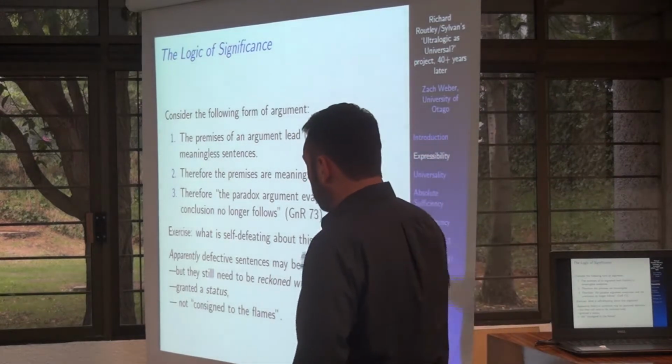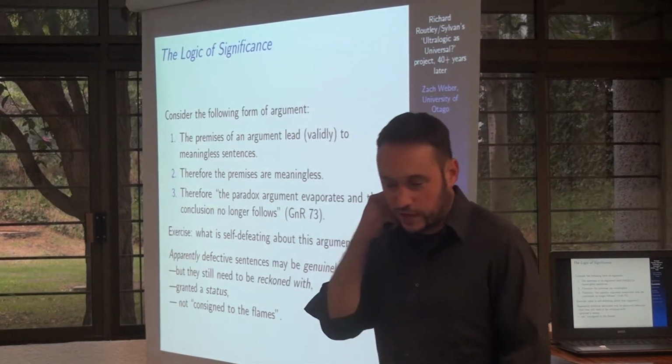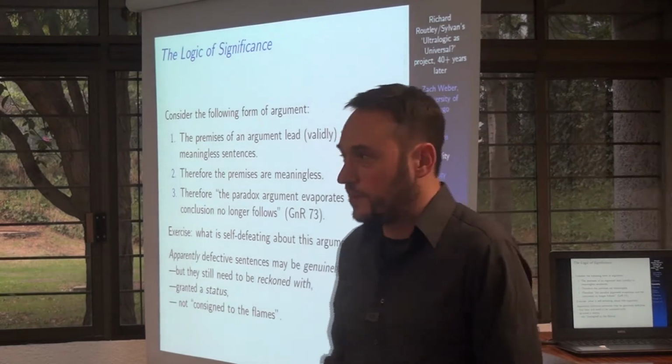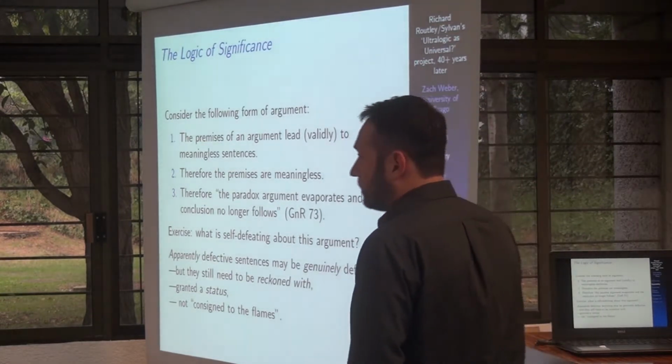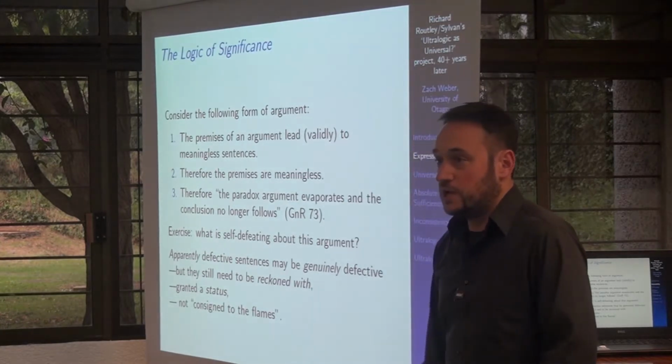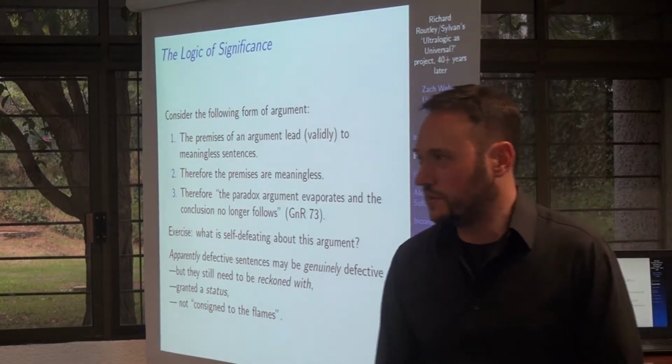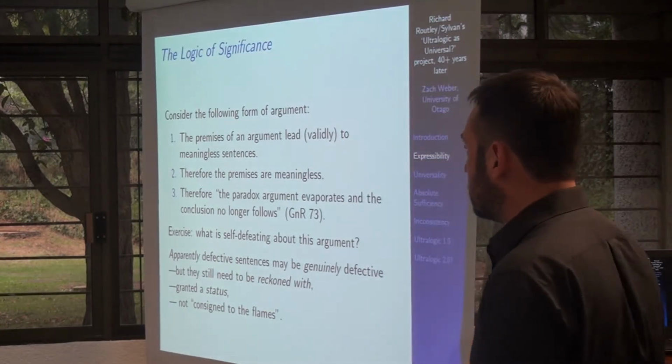They're thinking of, here's a reconstruction that Goddard and Routley put forward that is kind of a straw man version of a way that a lot of philosophers might try to dismiss various paradoxes. So they say, look, suppose a philosopher reasons like this.